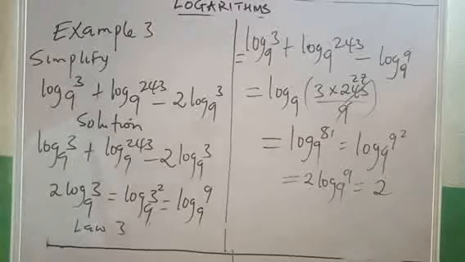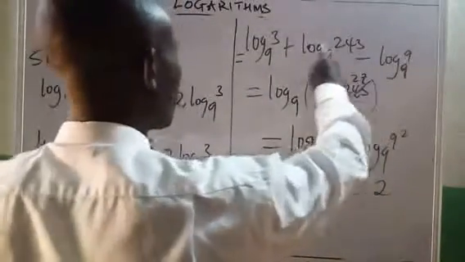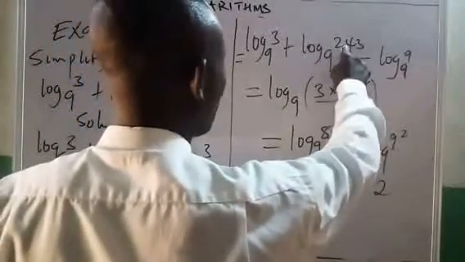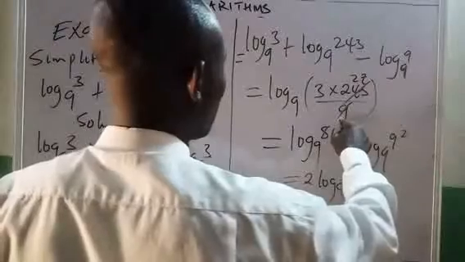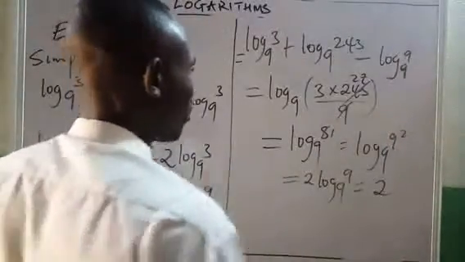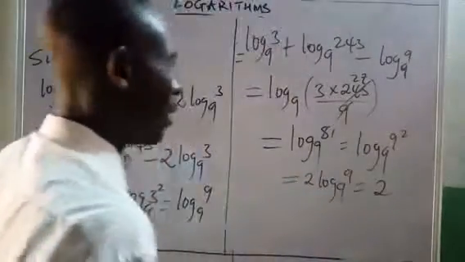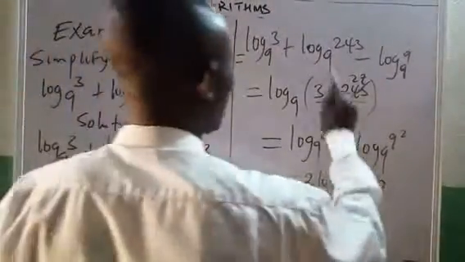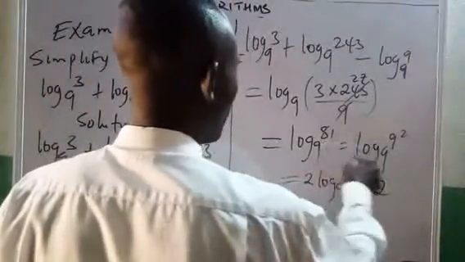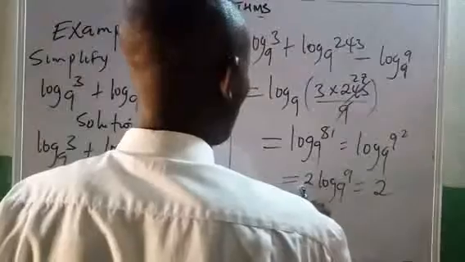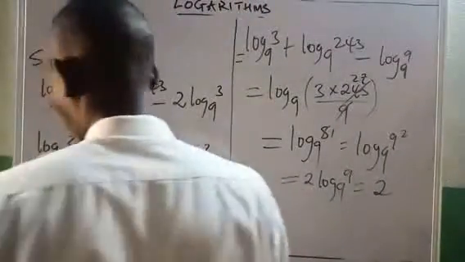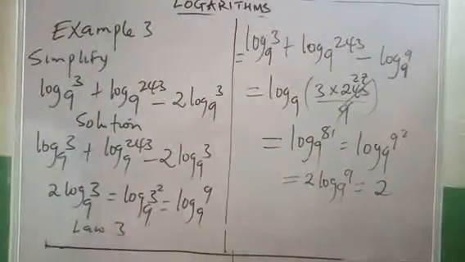And if you combine both law 1 and 2, addition is multiplication, subtraction is division. So we get 243 divided by 9 to give you 27. So 81 is 9 raised to the power of 2, which is 2 log 9 base 9. Log 9 base 9 is 1. And that's the same thing as 2 times 1, which is 2.